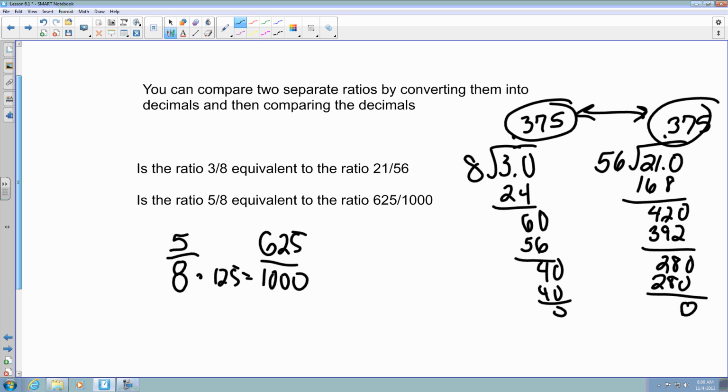So now if I multiply this by 125, I get 625. So 5 times 125 gives me 625. So yes, both of these are equivalent ratios. Two different ways to solve it, still get the same answer. Okay?